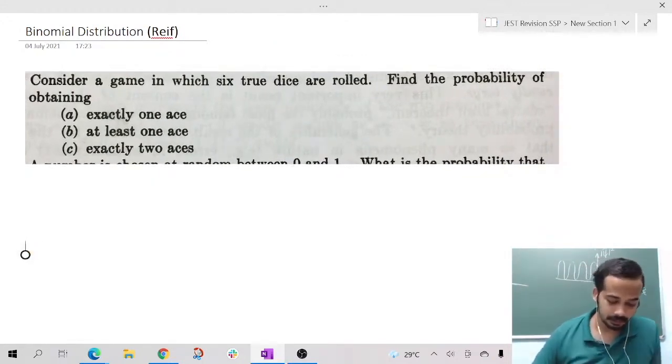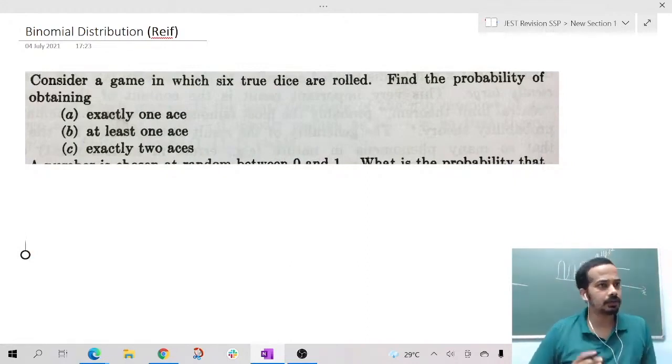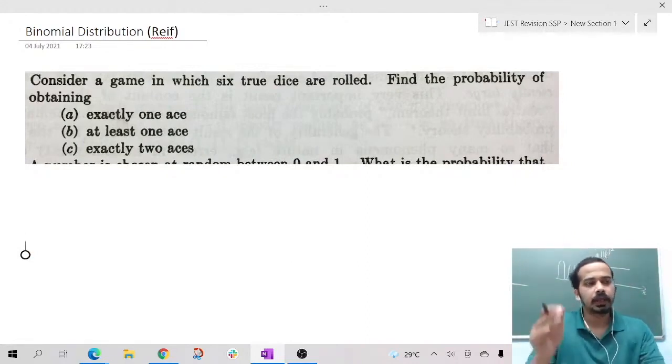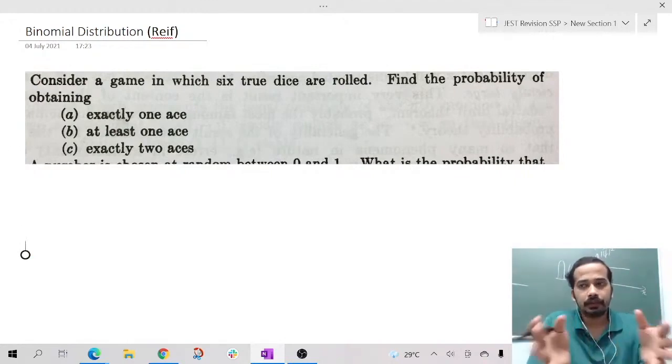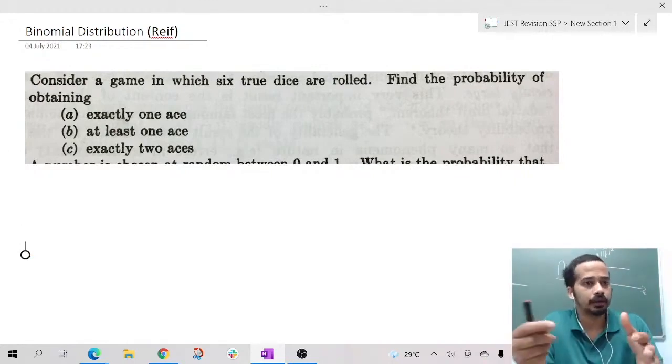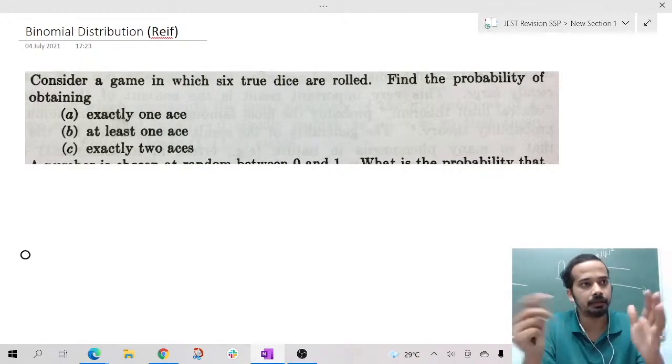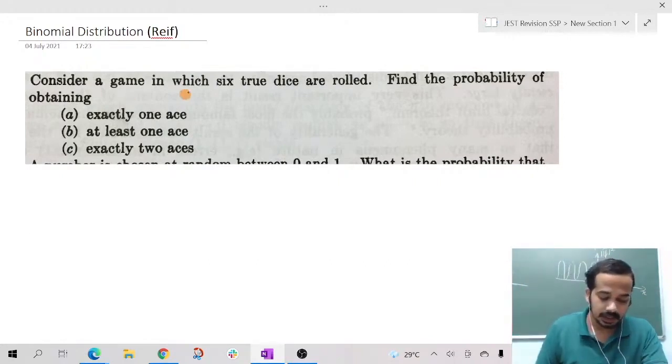First chapter, second problem. This can also be handled using your binomial distribution, because whenever you are talking about occurrence and non-occurrence, you can definitely use binomial distribution, okay? Consider a game in which 6 true dice are rolled, okay? 6 dice are rolled. Find the probability of getting exactly one ace, at least one ace, exactly two aces.